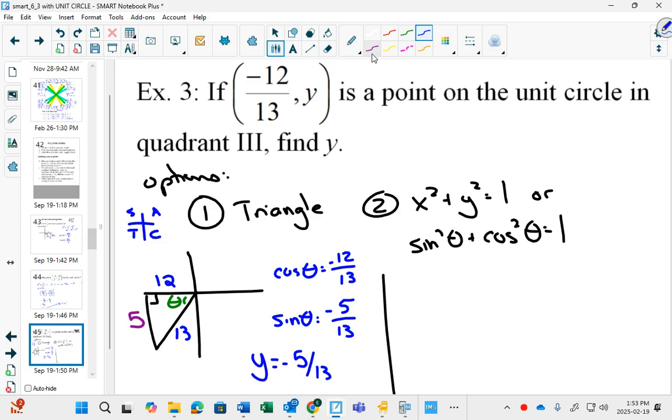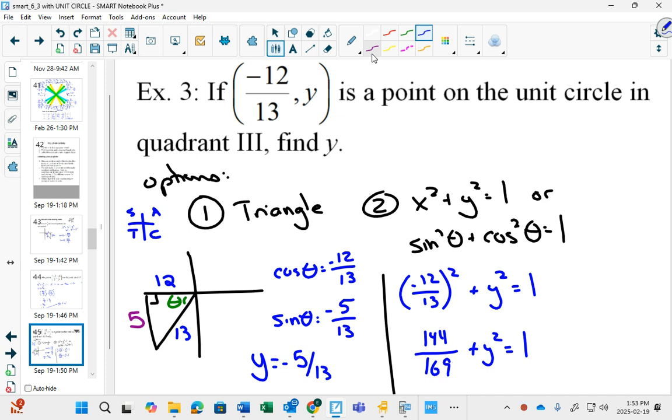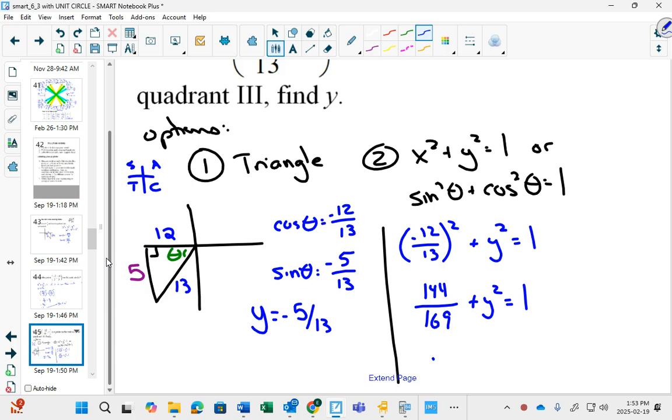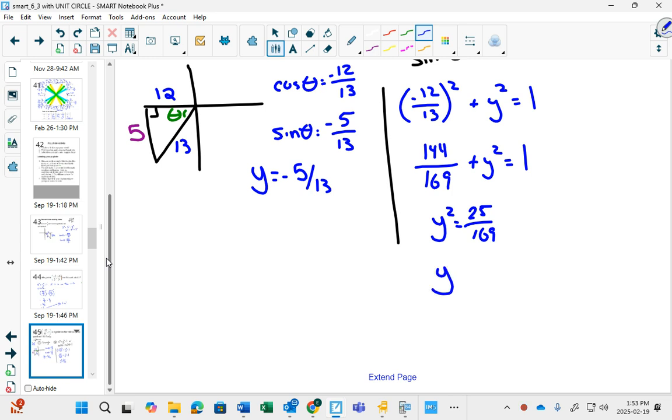If you used x squared plus y squared equals 1, look at the numbers you're working with. You'd have to get the y squared by itself, so you'd have to get a common denominator. And then you'd have to square root both sides, and remember plus or minus when you square root both sides.